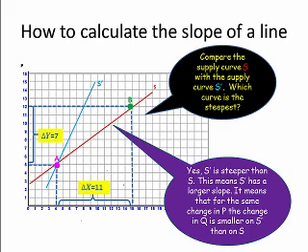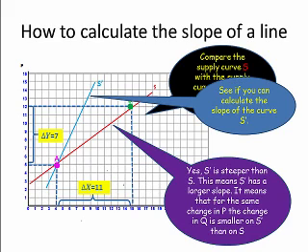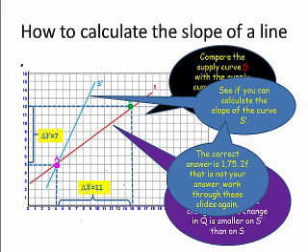It means that for the same change in P, the change in quantity is smaller on S accent than it is on S. See if you can calculate the slope of the curve S accent. The correct answer is 1,75. If that is not your answer, work through these slides again.